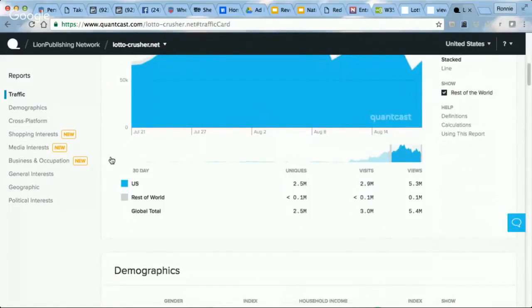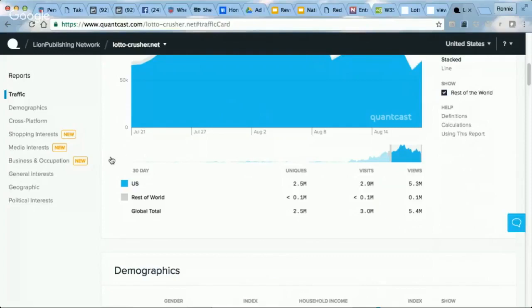Okay, that's interesting. So this lotto offer, we're seeing it's just being run in the US, or at least this URL is, lottocrusher.net, and it looks like it's mainly US traffic. And we can tell this is probably an advertising campaign. This is where instincts come in, because people aren't really coming back to the site to visit.